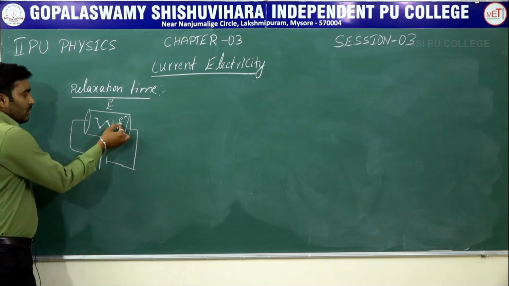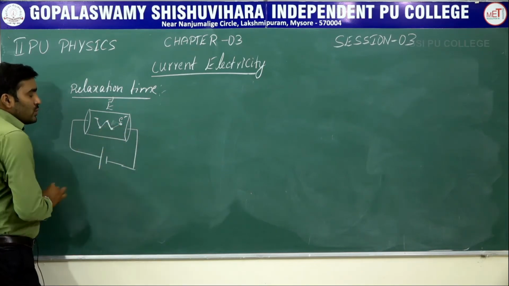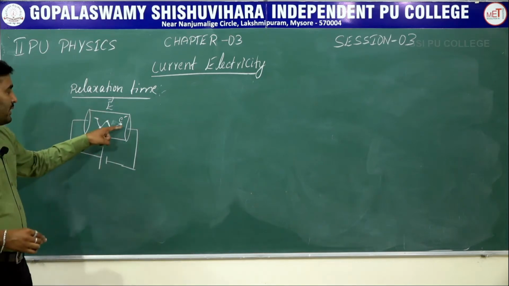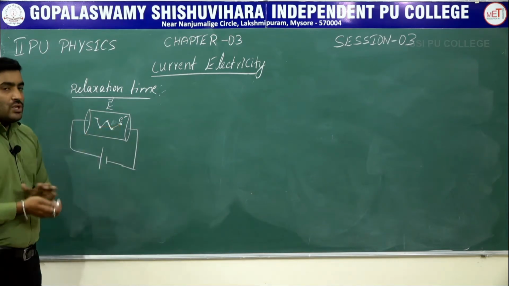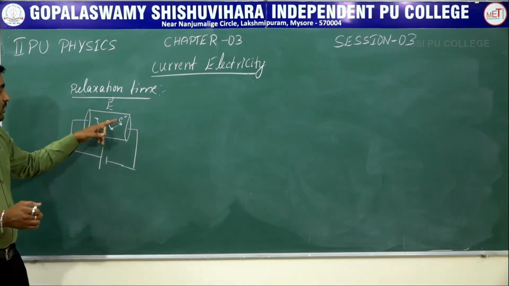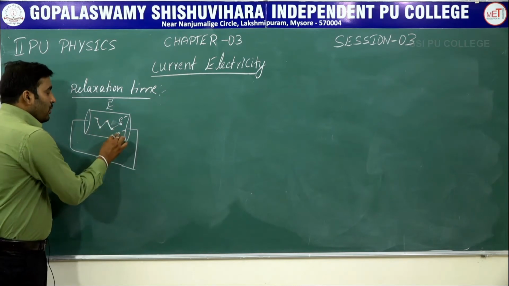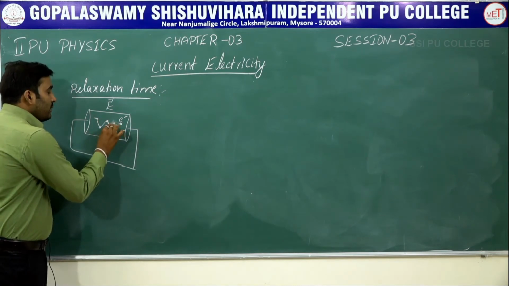If you consider the time taken by that electron between two successive collisions, the time elapsed between the two successive collisions, for all the electrons they may not be the same, because one electron can move in this path, another electron can move in another path like this.